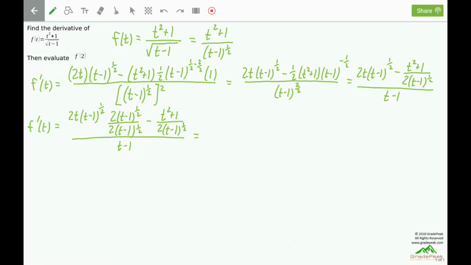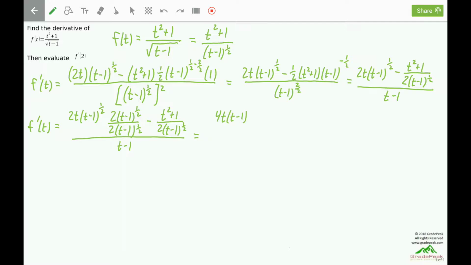Now, multiplying these numerators, we have these multiplying. I will move this 2 with this 2t. That will be 2 times 2, 4t. And then the t minus 1 to the 1/2 can multiply the other t minus 1 to the 1/2. And if you multiply these together with each other, you add their exponents. 1/2 plus 1/2 is 1. So what we'll have overall is a 4t times a t minus 1.